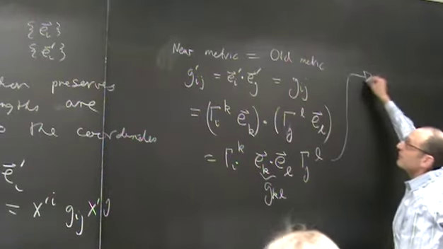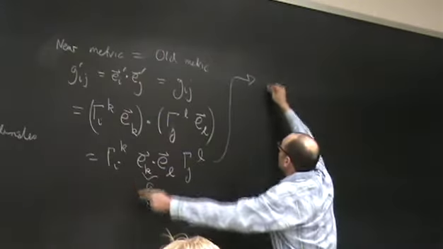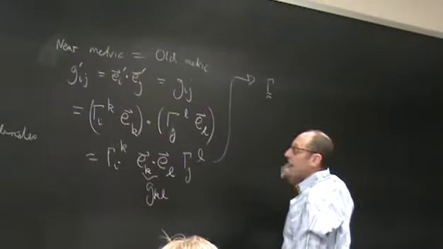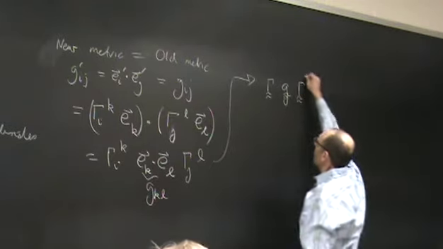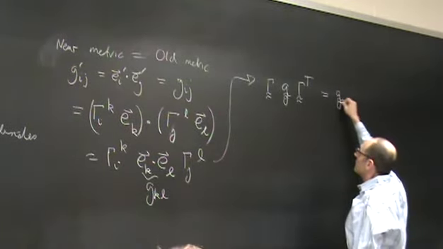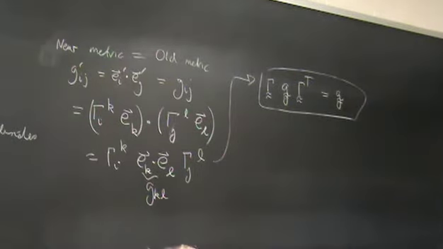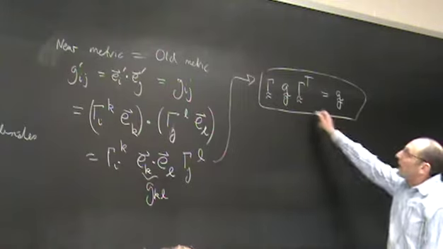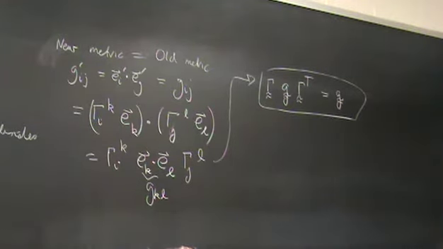So written as a matrix, this says that the condition is that the transformation matrix gamma times the metric matrix times its transpose, i.e. a similarity transformation, keeps the matrix unchanged. Okay, so if the metric is unchanged by a similarity transformation, then distance is preserved. Okay?